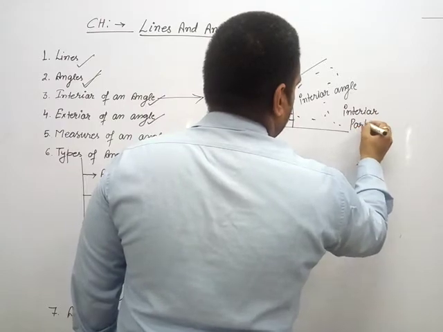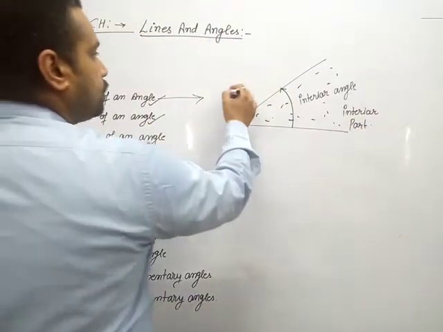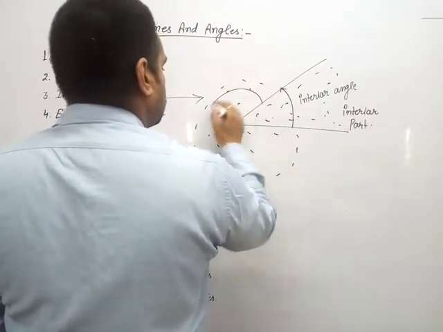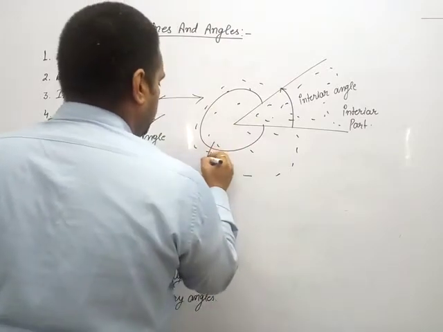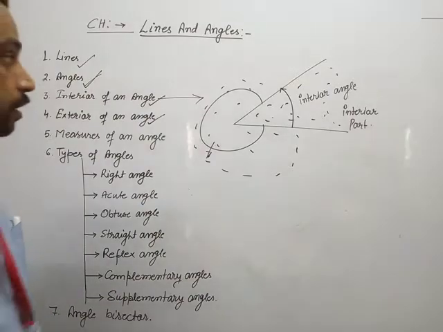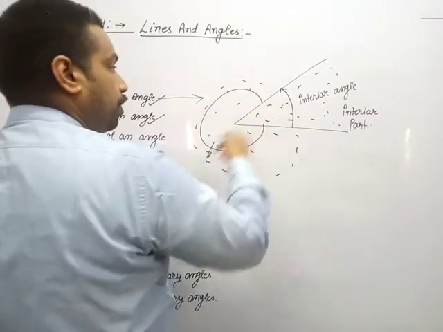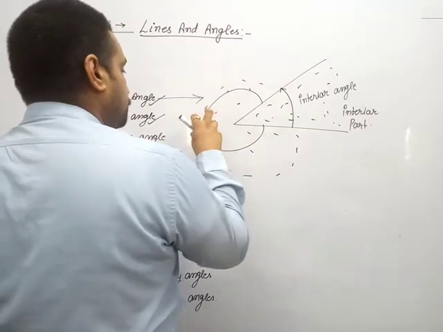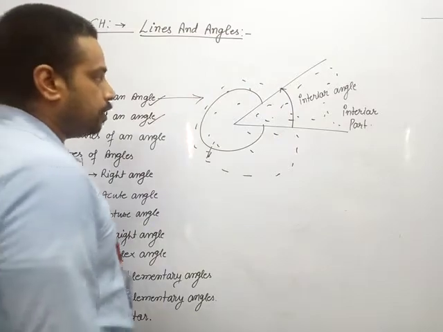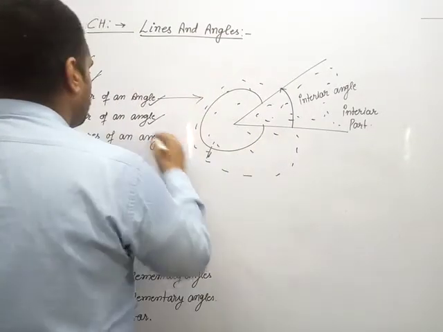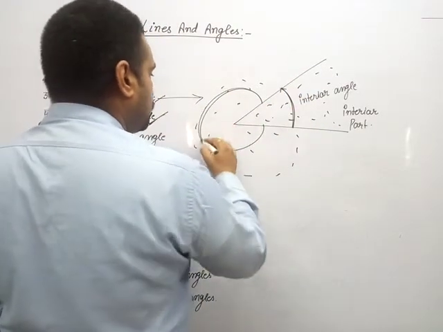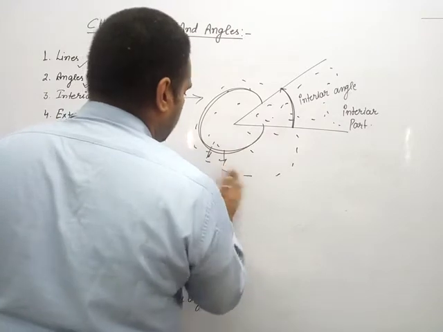And what is this? This is an exterior part, so this becomes an exterior angle. This is an exterior part because no point of this region lies inside the interior part. So if this is an interior angle, this is the exterior of an angle.